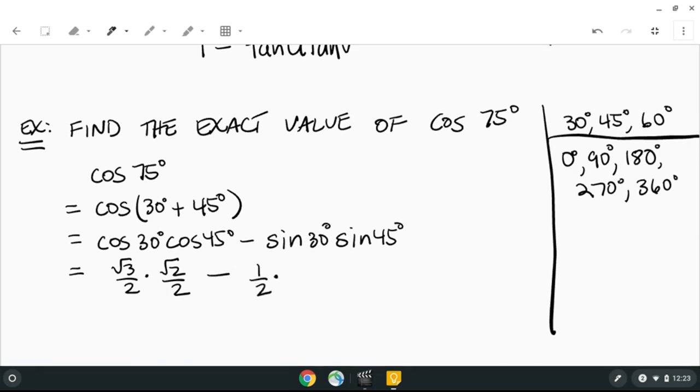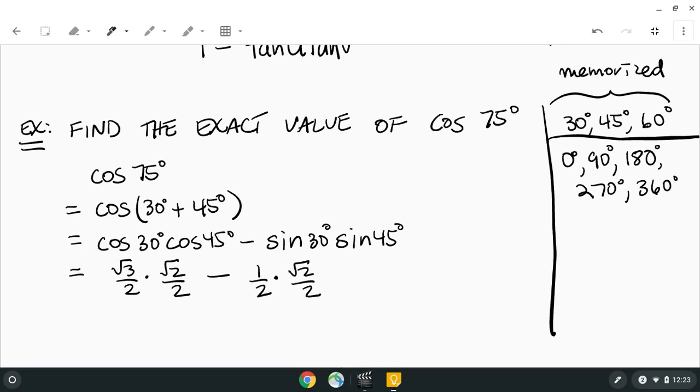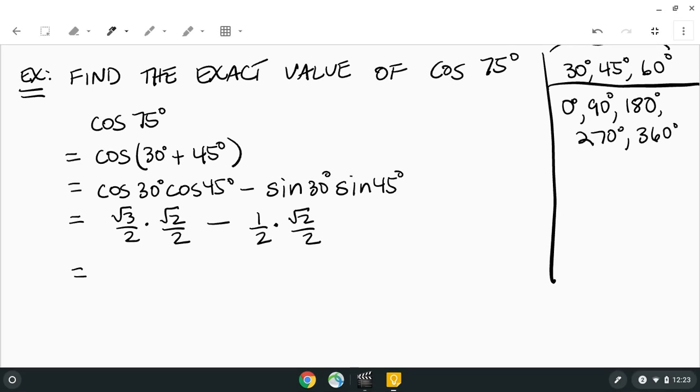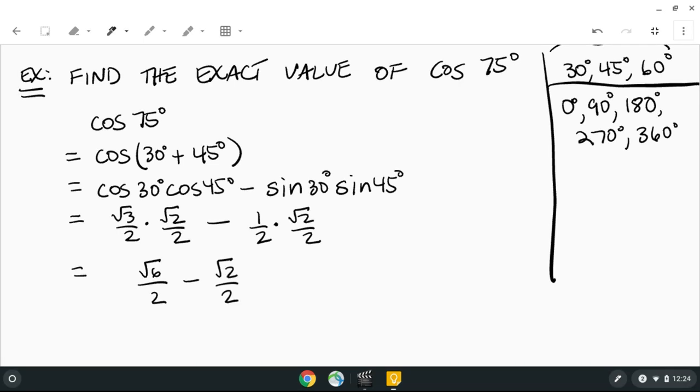And sine of 45 degrees is square root 2 over 2. So again, these angles here should have been memorized, like from way back in trig. And those are just the degree form of the pi over 6, pi over 4, pi over 3. And so then here, let's go ahead and finish this. We get square root 6 over 2 minus square root 2 over 2.